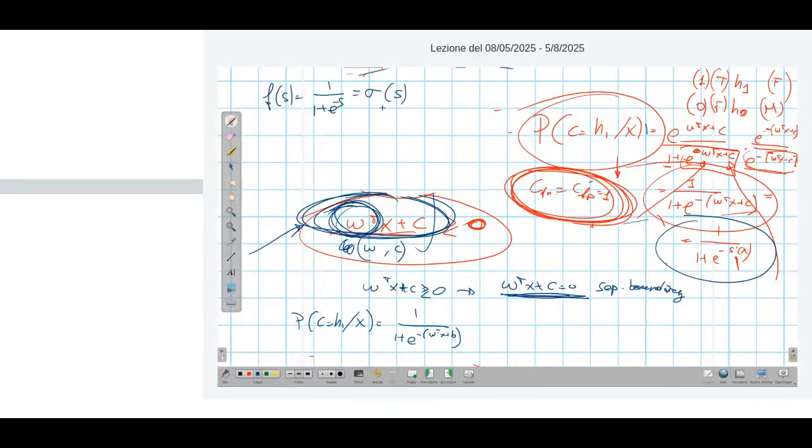It's called the sigmoid function. So the sigmoid function relates the decision rule with the class posterior probability. If I have a decision rule of this kind for a given value of W, this will correspond to a class posterior probability that is the sigmoid of that term.